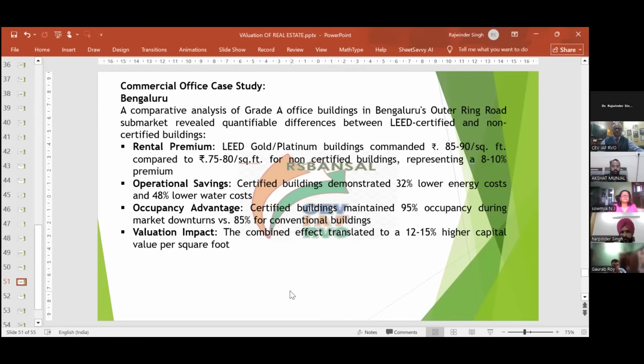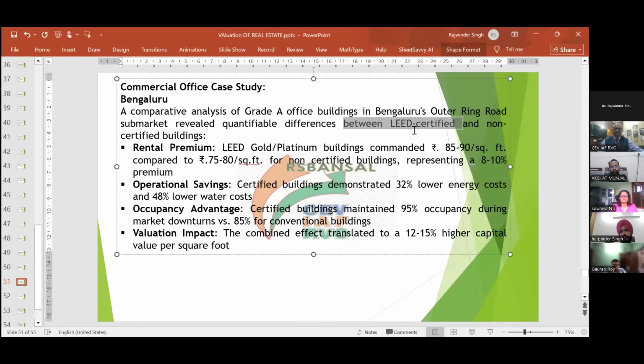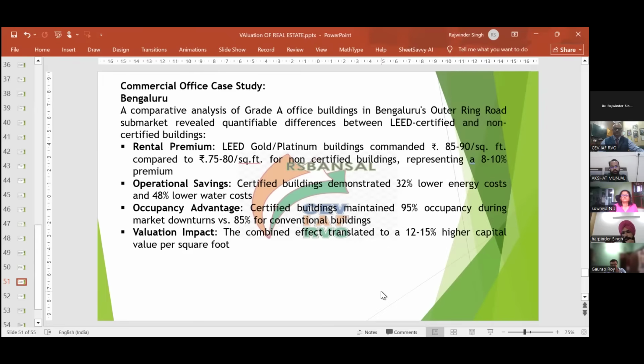For example, take a grade A office building in Bangalore, between LEED certified and non-certified building. Of course, there are 2 to 3 government councils which are giving green building certifications. One is LEED certification and the other is GRIHA.